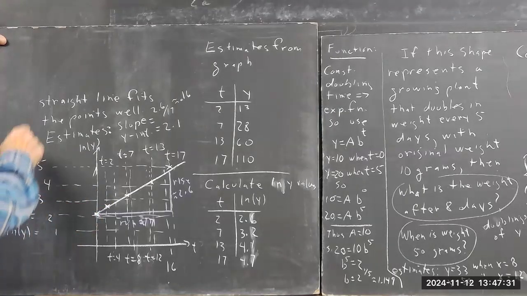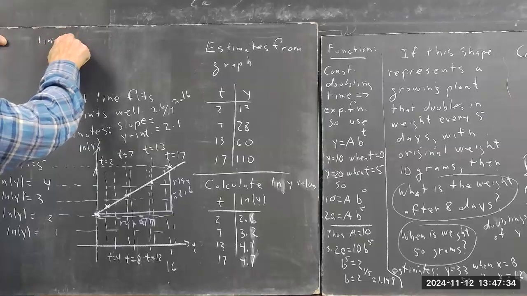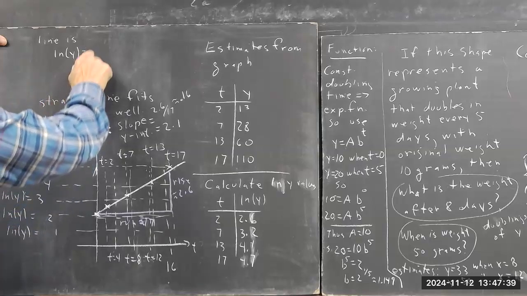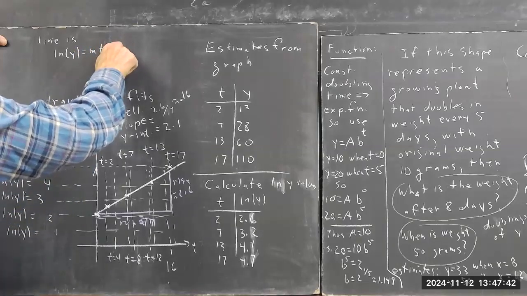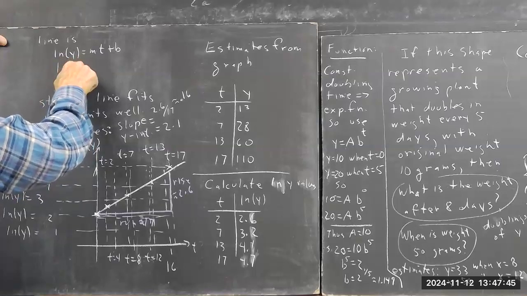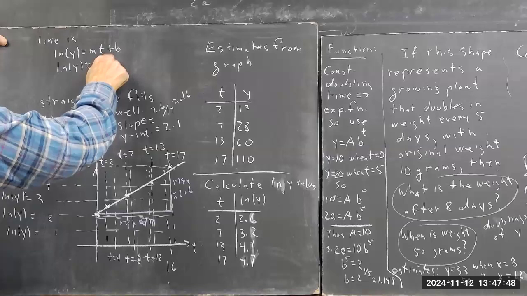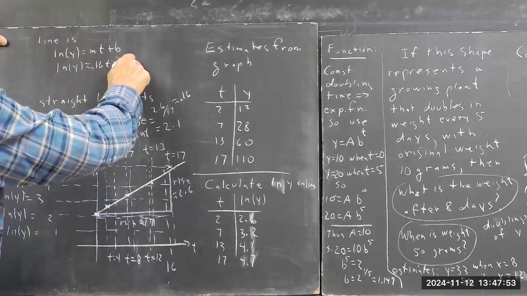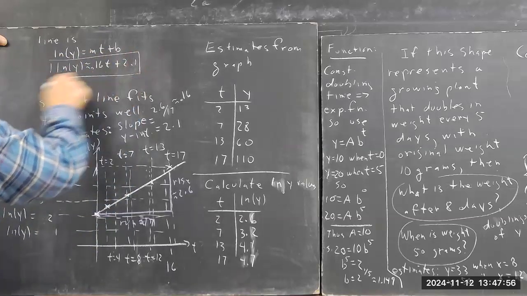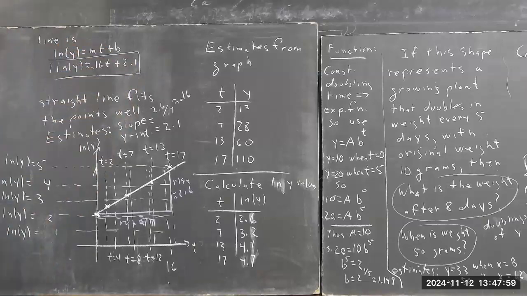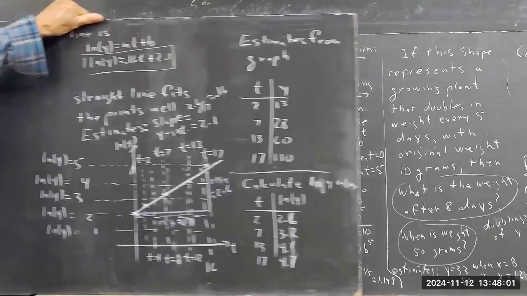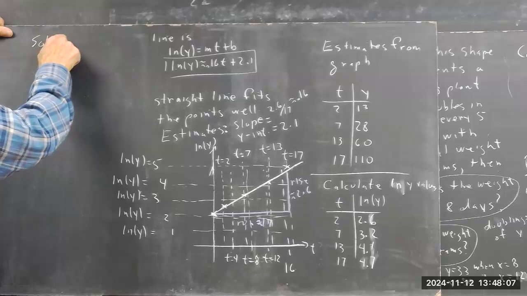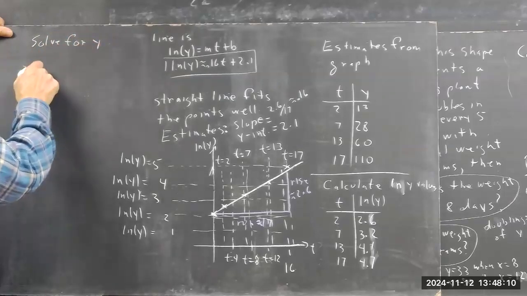So my line is natural log of y equals 0.16t plus 2.1, right? So solve for y.